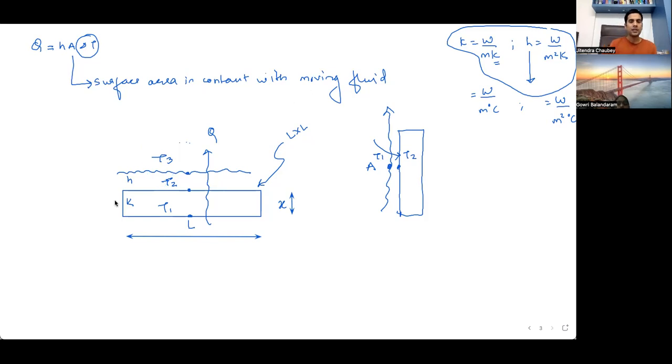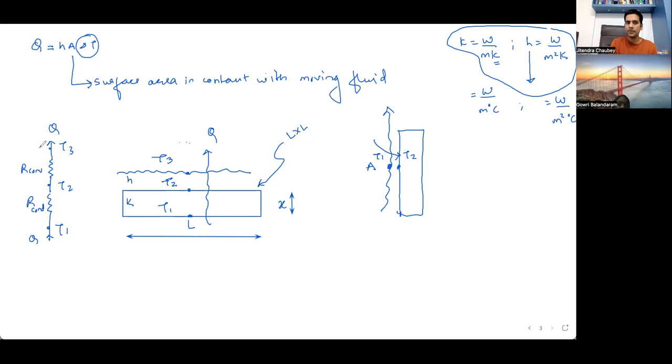So the electrical analogy of this diagram would be convection resistance, conduction resistance, temperature T1, temperature T2, temperature T3. The heat entering the conduction will be equal to the heat leaving the convection. The resistance of conduction would be R conduction, and the resistance of convection would be R convection.